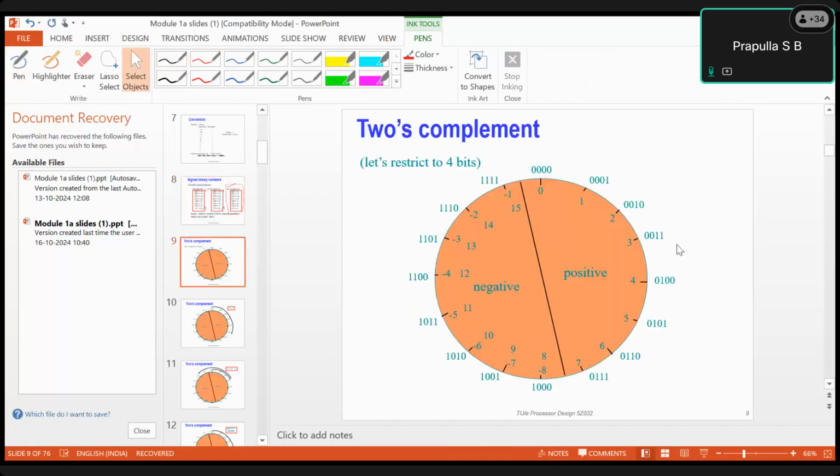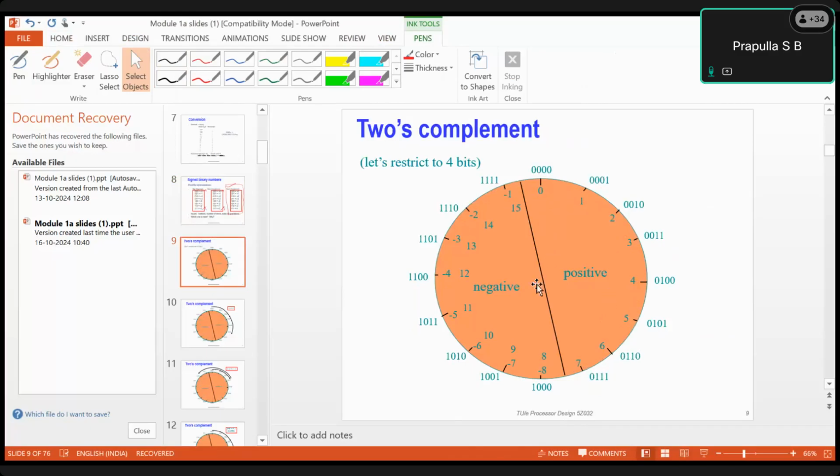method. So if you just see here, this is for numbers from 0 to 7. For positive numbers 0, 1, 2, 3, 4, 5, 6, 7, what you all can see here. Okay, so the first one you can see here is 0 to 7 for positive numbers, whether it is sign and magnitude, ones complement or twos complement, it is the same.